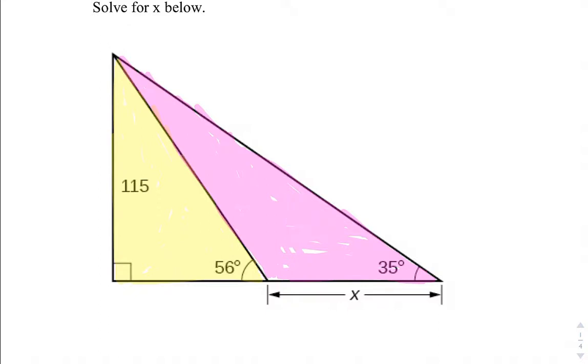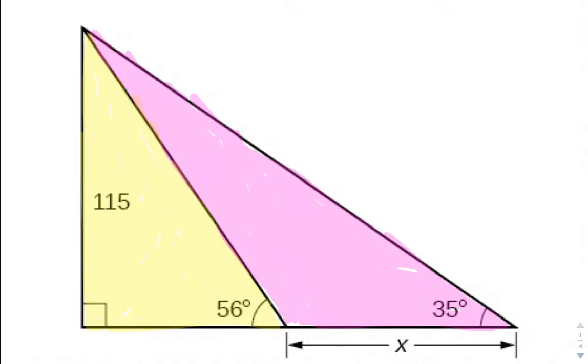So I'm going to use my yellow triangle and my pink triangle. So because x is in the pink triangle, I'm going to use my yellow triangle first because it is the only triangle with the side length of 115. So law of sines, you have to know the angles, okay? So in my yellow triangle, I know that this is 90 degrees.